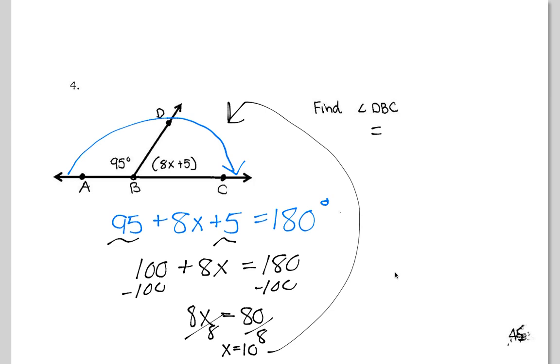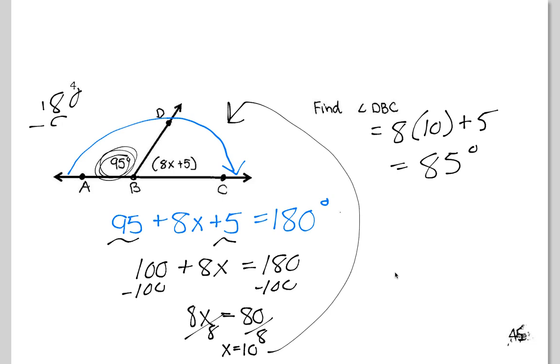So DBC equals 8 times 10 plus 5, which is 85 degrees. A lot of work just for us to say, hey, if this is 95 and the whole thing adds up to 180, 180 minus 95 is 85. That's kind of the work that you'll be doing throughout the rest of the unit. This is the theory behind it.